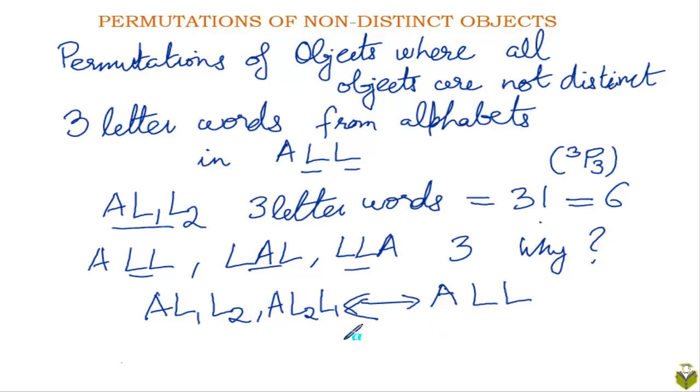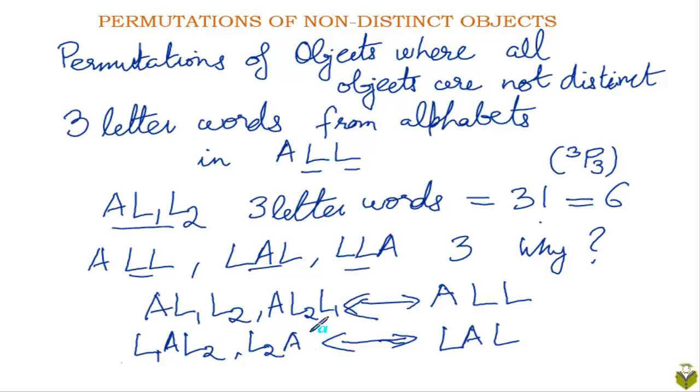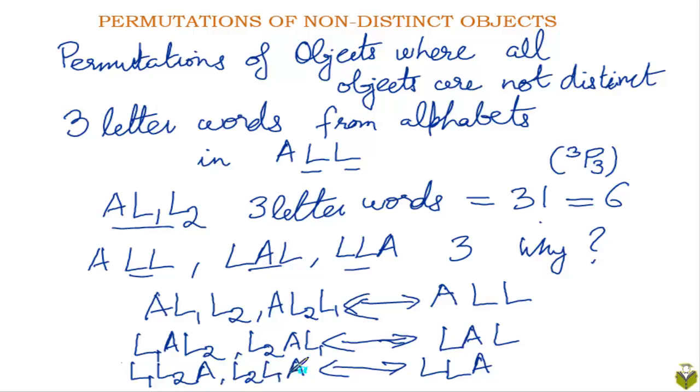So it will happen for each of these 3 cases, which is LAL. Here also you have L1AL2 and L2AL1, right? And the third one is LLA. Here also we have the same case, L1L2A and L2L1A.